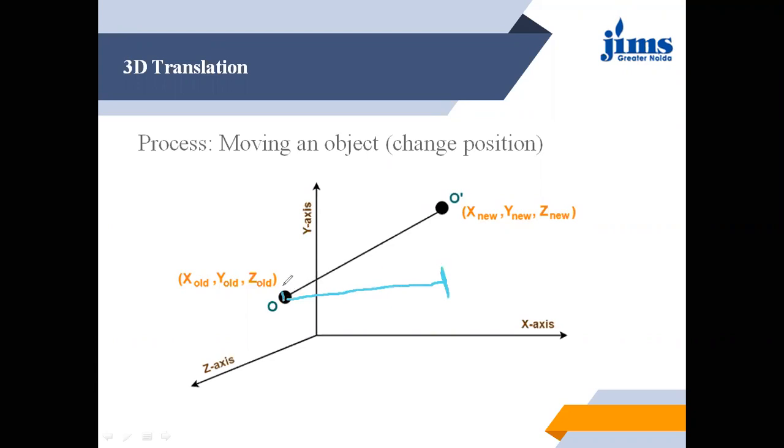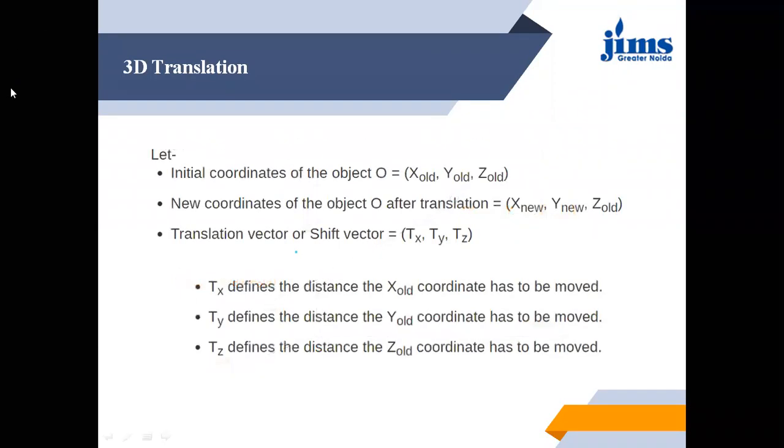The object moves on the y-axis from here to here, and this is on the y-axis. This is on the z-axis, meaning how much the height is going to change. So these are the three things: Tx, Ty, and Tz. Based on that we have to find the values of the new coordinates.